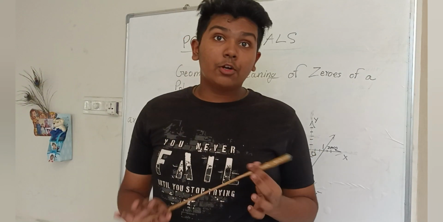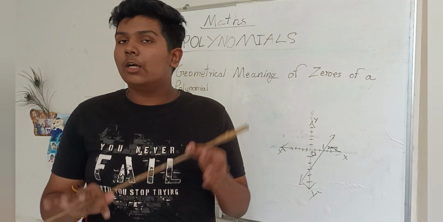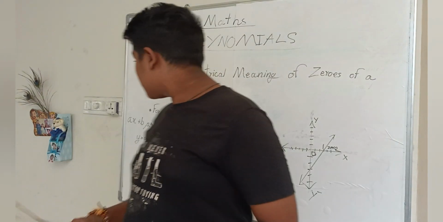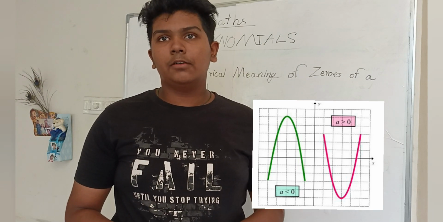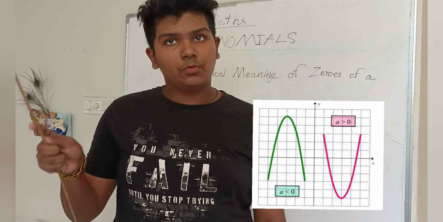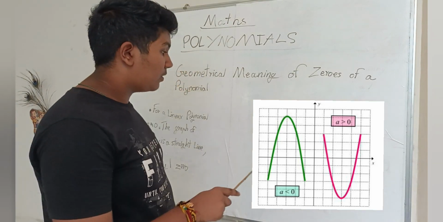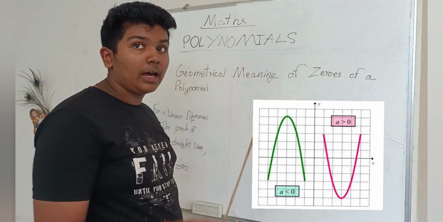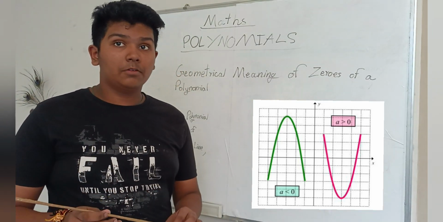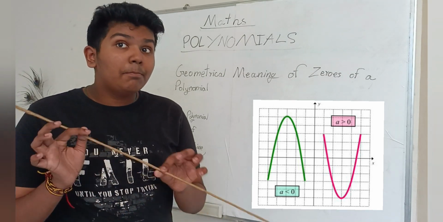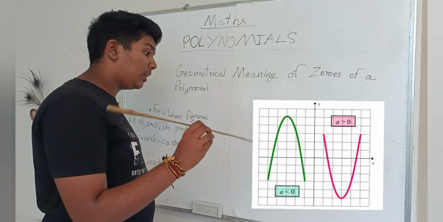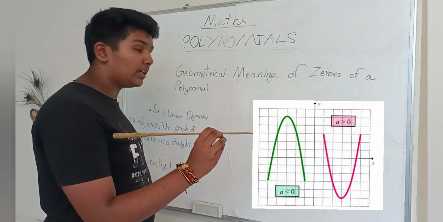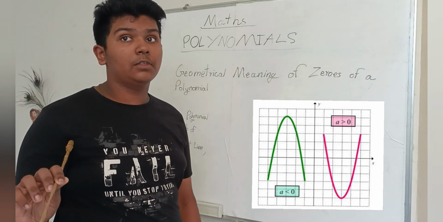So next is for quadratic polynomial. How does it work? Since linear has 1 zero, a quadratic will form a U shape. And what is a U curve called? It is called parabola. So this parabola will come here and connect here for quadratic polynomials.